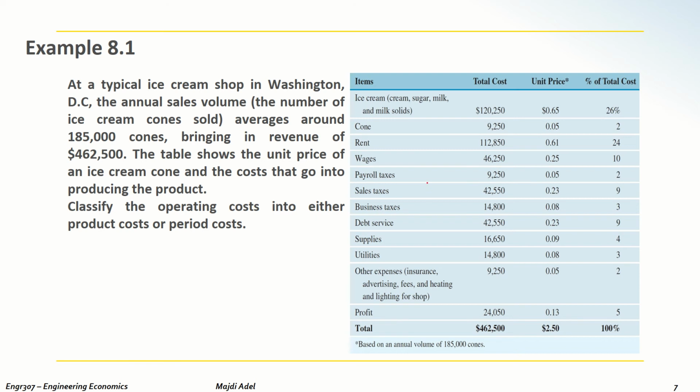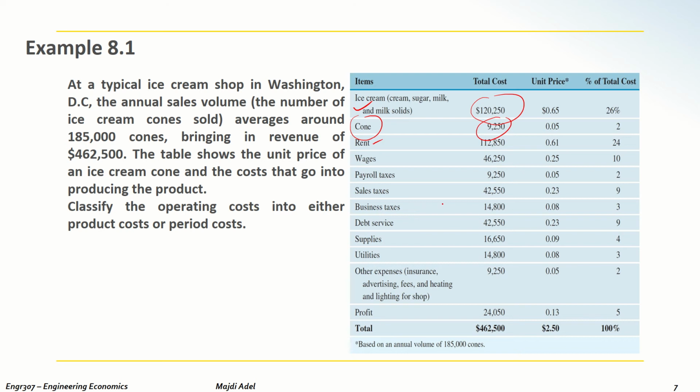The table shows the different cost elements: ice cream, cream, sugar, and milk cost $120,000 per year. The cone, or the biscuit, costs $9,250 per year. Rent is 112,000. Wages are 46,000. Payroll tax is 9,250. Sales tax is 42,000.